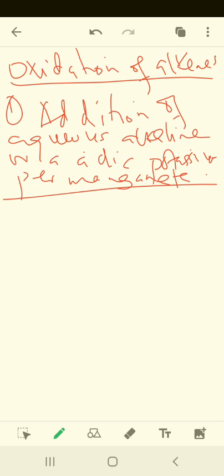I'll give you an example right away. When this happens, we form a diol. So the product is a diol. A diol is an alcohol with two OH groups.